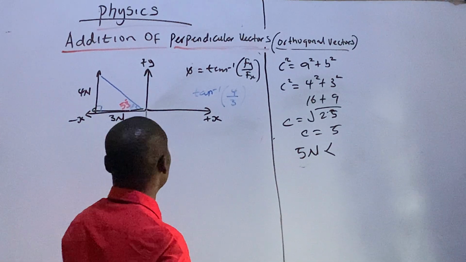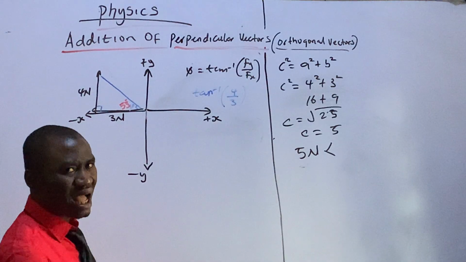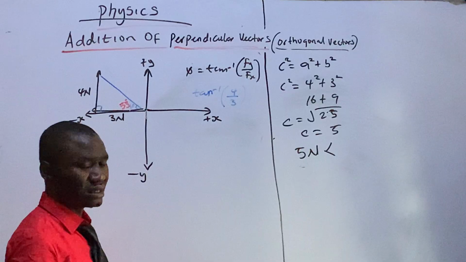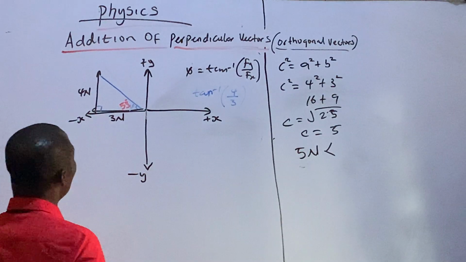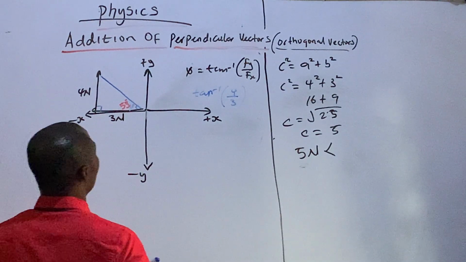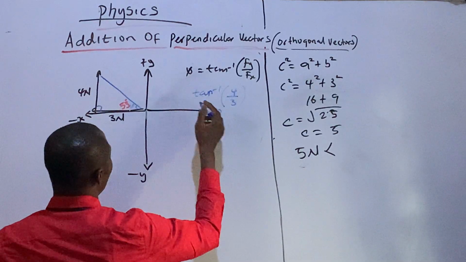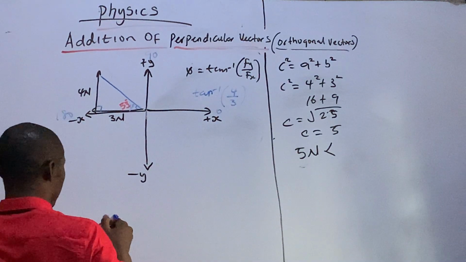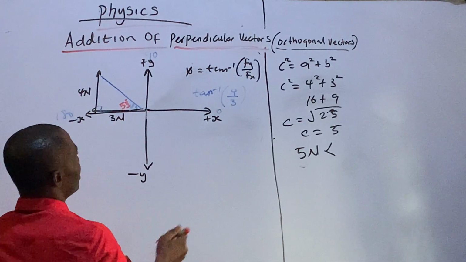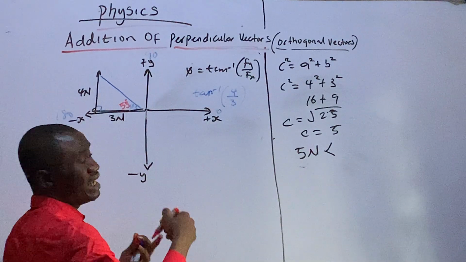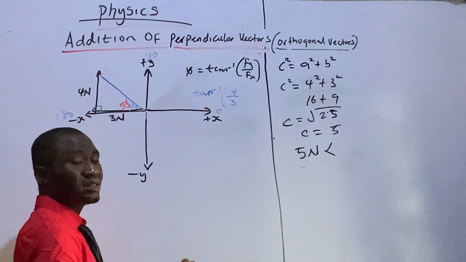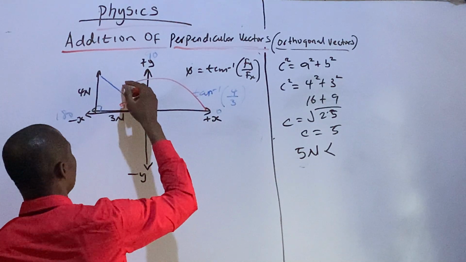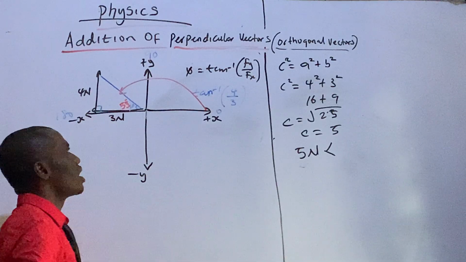But I need the reference angle that is directed towards the positive x-axis. All right? Here is 0 degrees, here is 90 degrees, here is 180 degrees. And if I need an angle which is directed towards the positive x-axis, I need to know that the angle is inclined at the second quadrant.